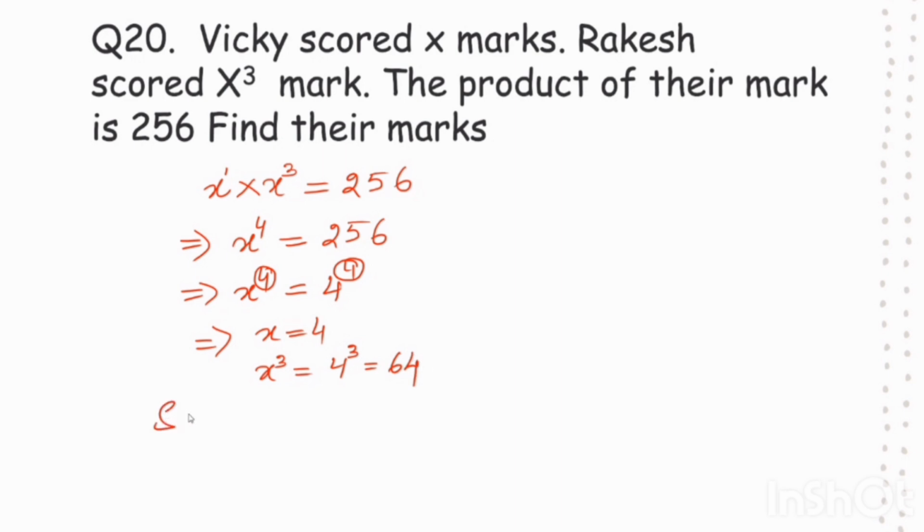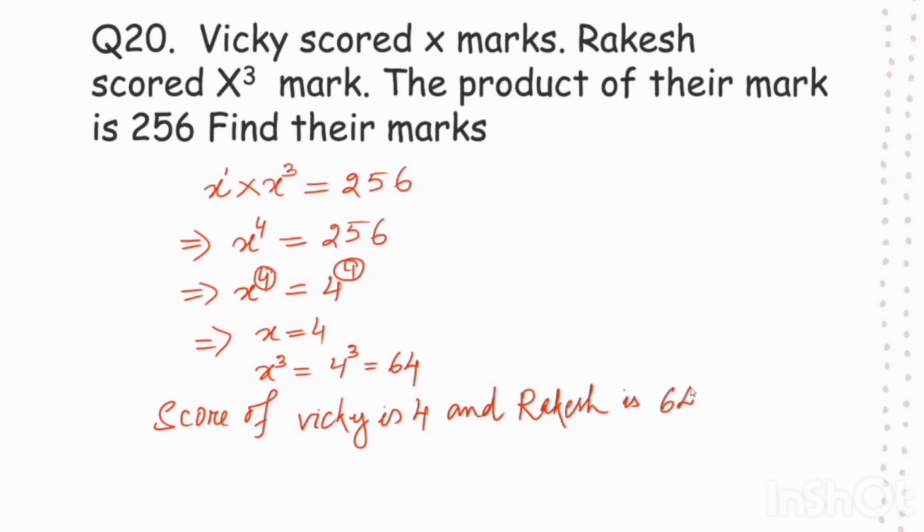Now the score of Vicky is 4 and Rakesh is 64. Now in this way we can solve the problems based on exponents and powers.